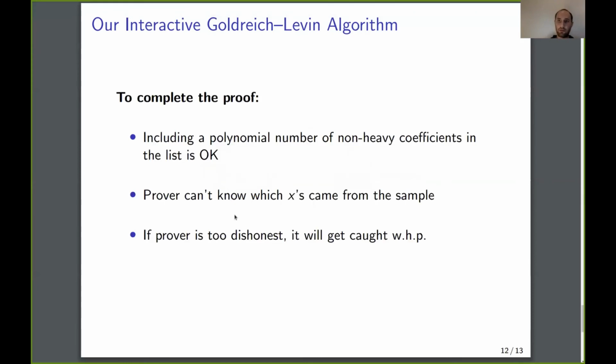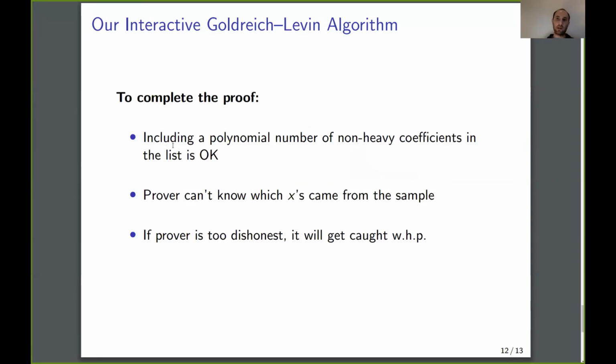So to complete the proof, we have a few last things we need to notice. First of all, like I said, including a polynomial number of non-heavy coefficients in the list that is output by this interactive protocol is okay.